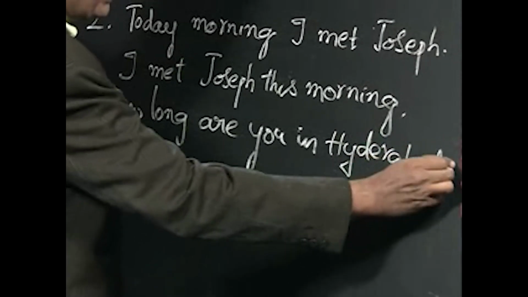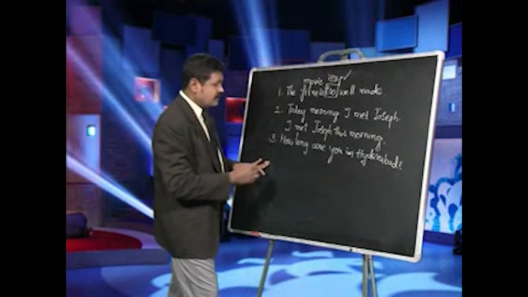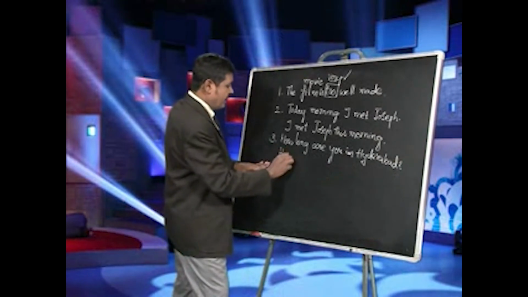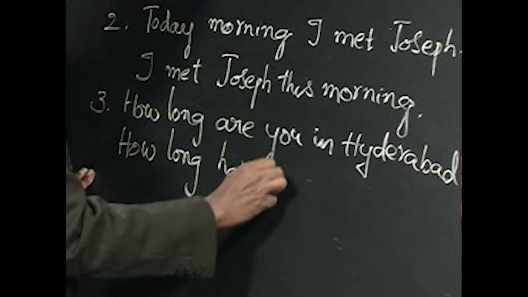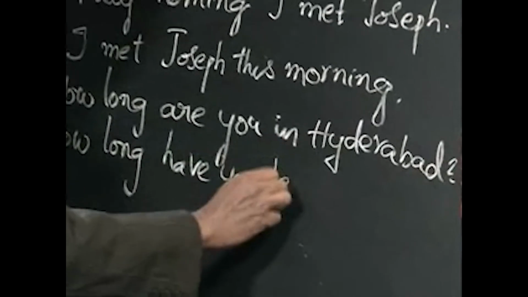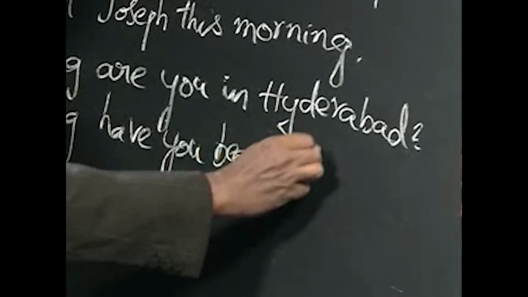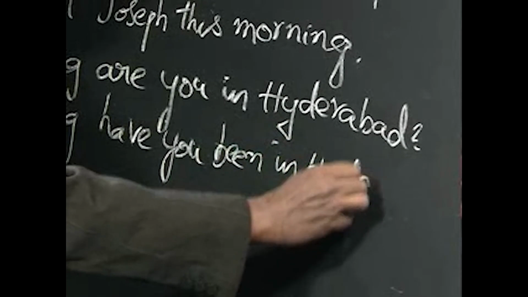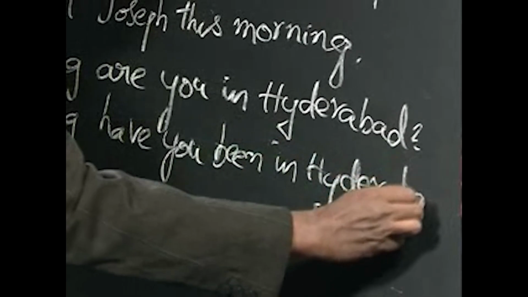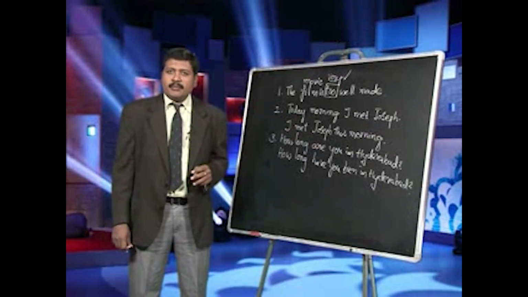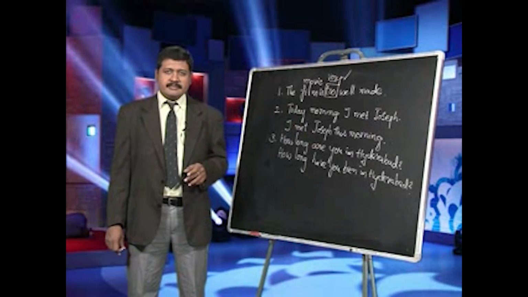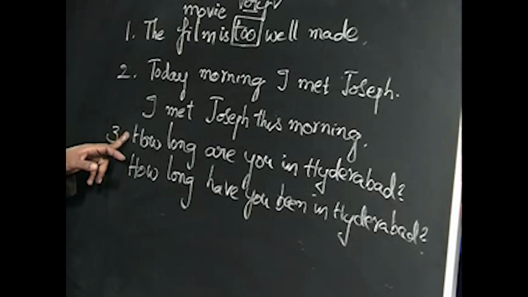Or, "how long have you been in Hyderabad?" Which one is better? I have written two sentences on the board. The first one is how long are you in Hyderabad? The second one is how long have you been in Hyderabad?